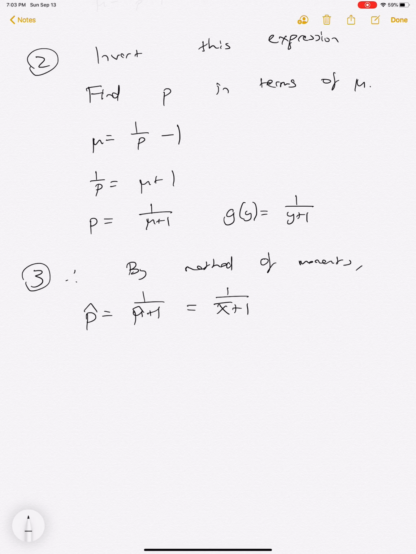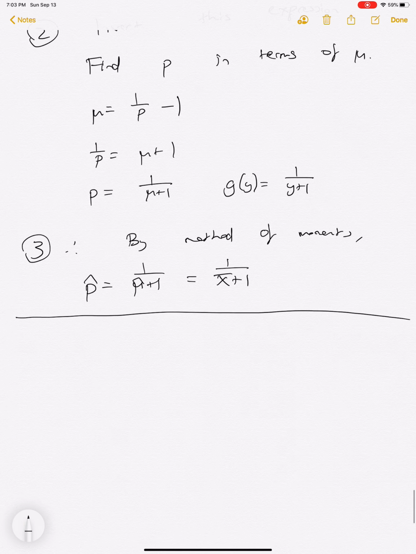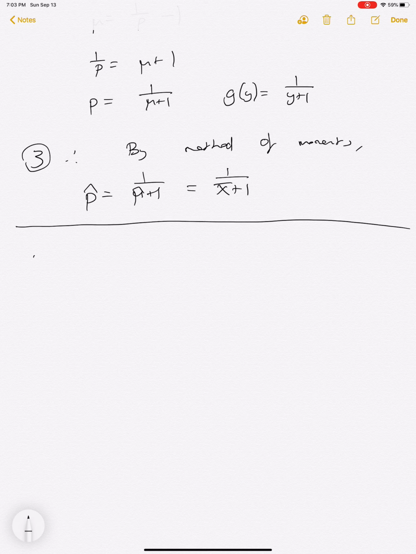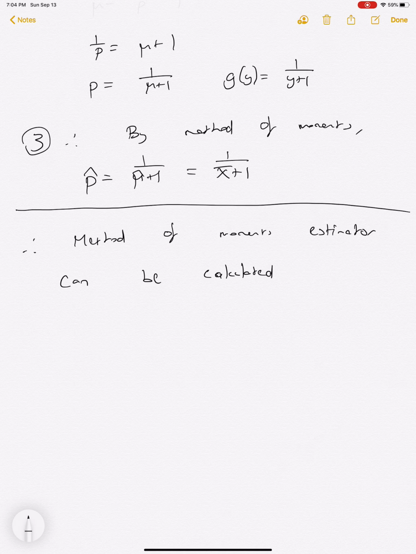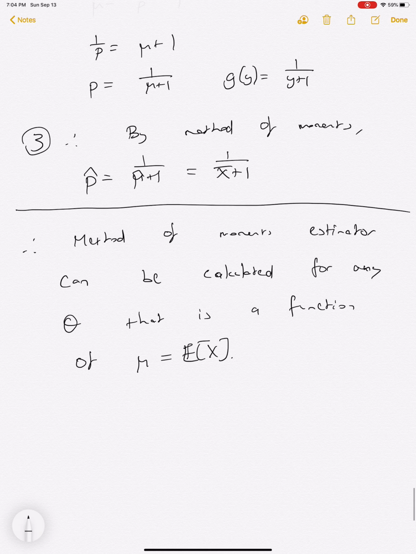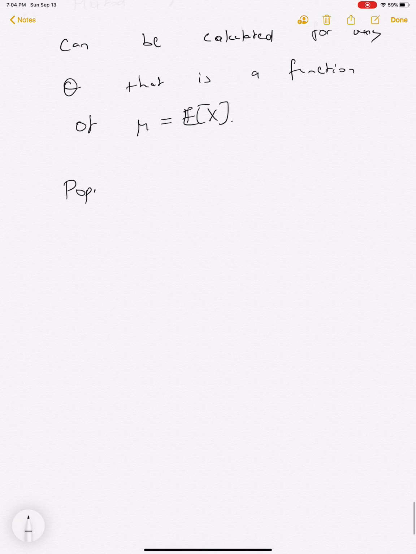Okay, so once again, what we have here is the population and then the sample.